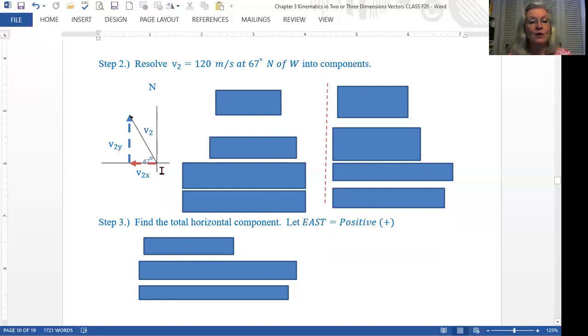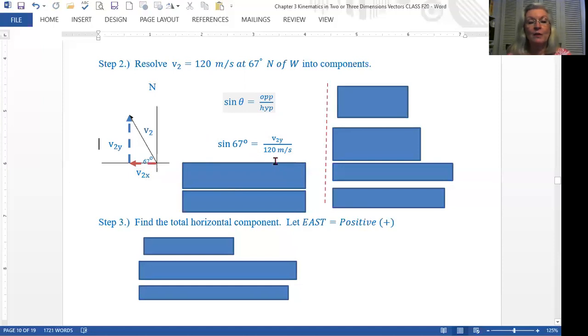By the way, you could go up and then over and it would still all work out, but I almost always like to move in the x direction and then up or down. Again, sine is my favorite trig function. So sine is opposite over hypotenuse. Opposite will be V2y. And the hypotenuse is just V2, but we know what that is. It's 120 meters per second, and the angle is this 67 degrees here in the corner.